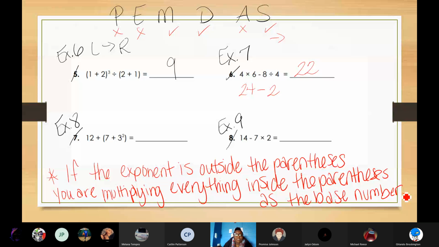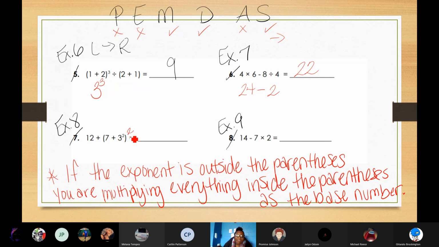Here, with example 6, I had to do what was inside of those parentheses first. So 1 plus 2 is 3, and 3 was going to be to the power of 3. But here, example 8, this 2 is on the inside. So I'm only putting 3 to the power of 2, not 7 plus 3.